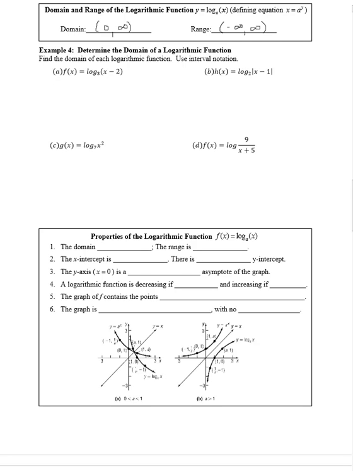So we need to determine what the actual domain is if we start changing from a plain old log base whatever of x. So if we have log base 3 of x minus 2, that means that x minus 2 has to be greater than 0. So that means x is greater than 2. So the domain for that one is slightly different. Instead of 0 to infinity, it's 2 to infinity exclusive.